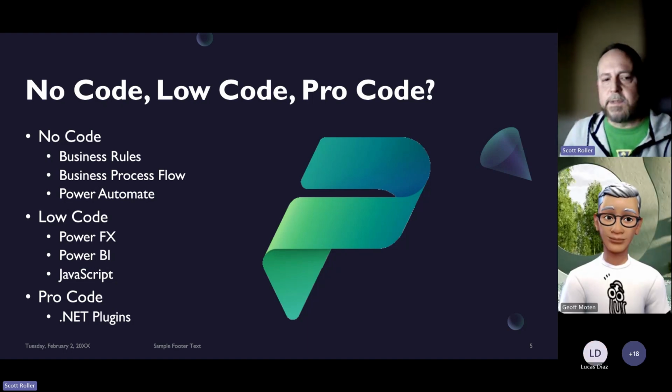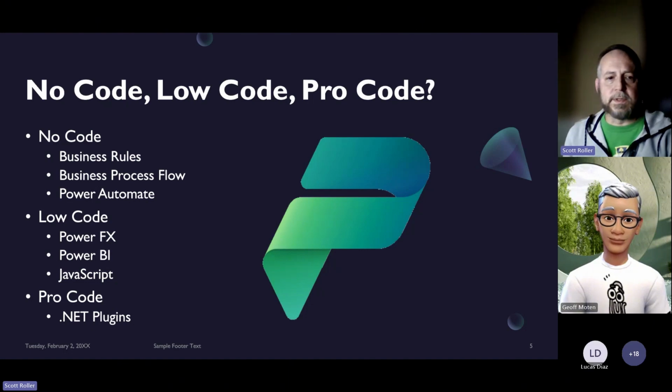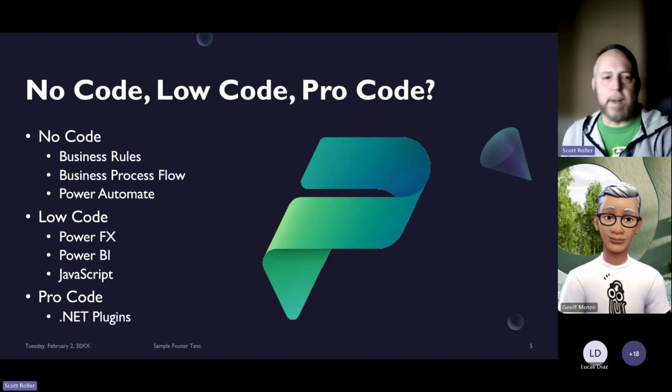Where I was going though is I was trying not to talk down to Power BI because I do think Power BI is awesome. It's just that I don't use it on the more pro code side. But then we've got JavaScript, and I mentioned JavaScript before when I was talking about business rules. JavaScript is way more powerful than business rules. But when we can use business rules instead of JavaScript, I really try to go that way.